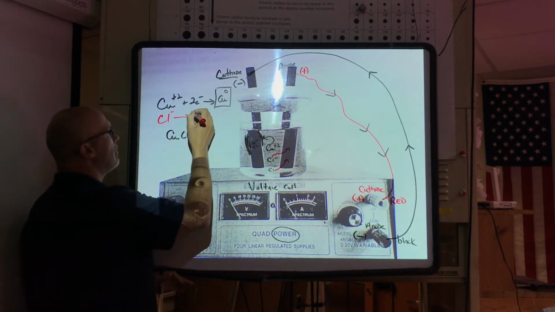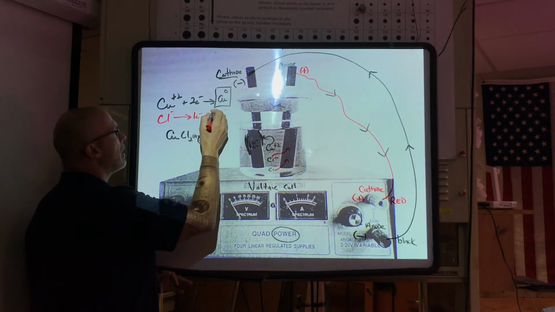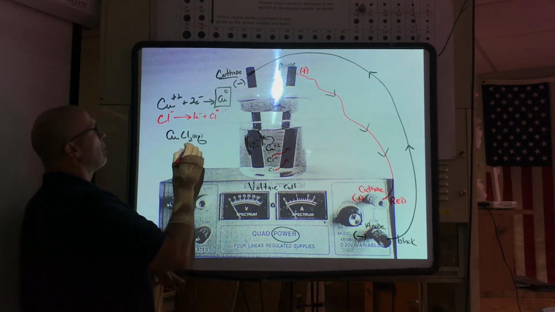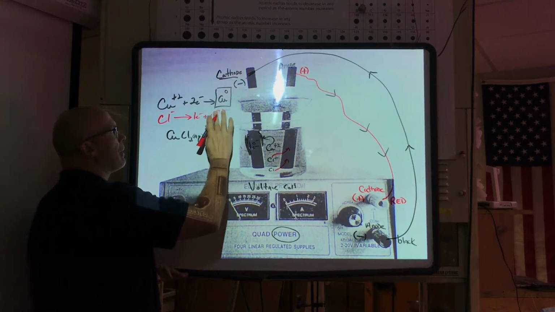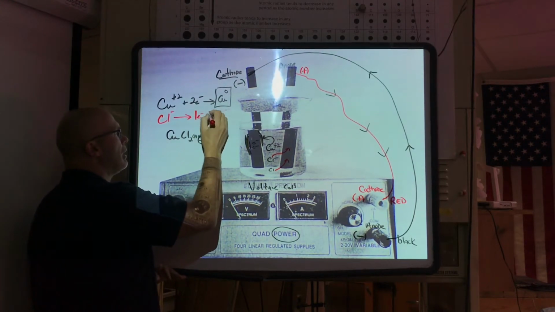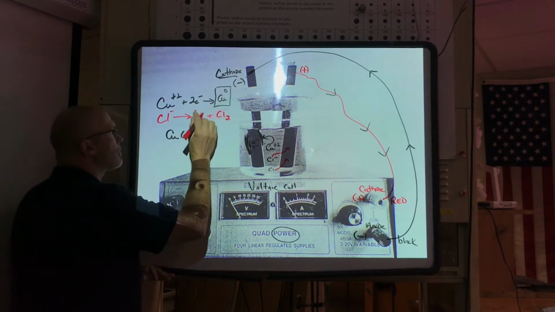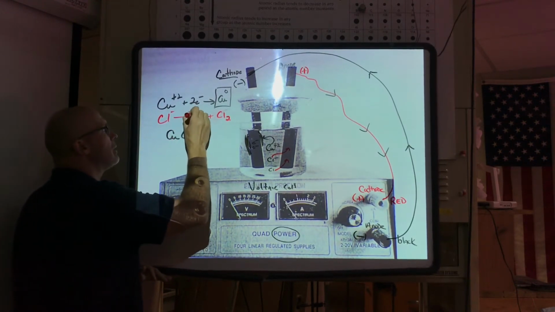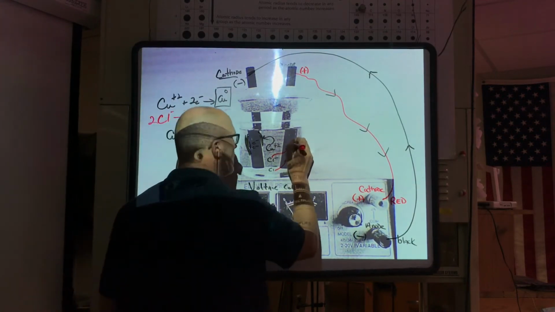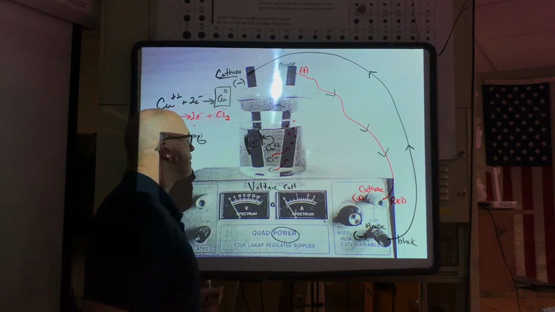So the chloride ion is going to send off an electron, and it's going to become chlorine gas. Elemental chlorine, what do we know? Well, chlorine likes to bond with itself. It's diatomic. So 1 electron plus chlorine 0, but it really bonds to itself, so there's going to be 2 electrons and 2 chloride ions. That's what happens here, and we're going to make chlorine gas, and that's why this was done under a fume hood.